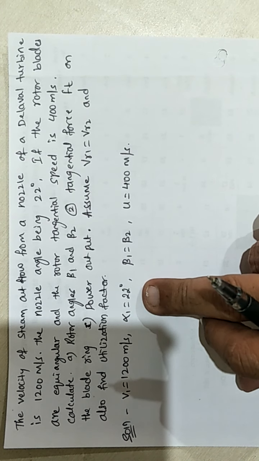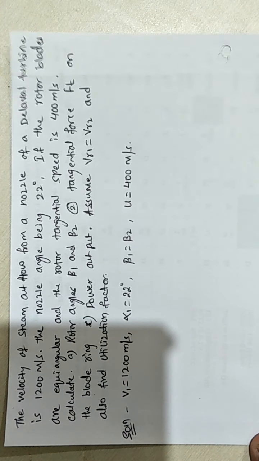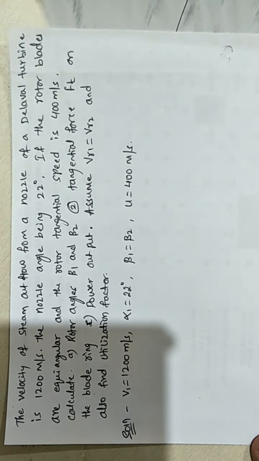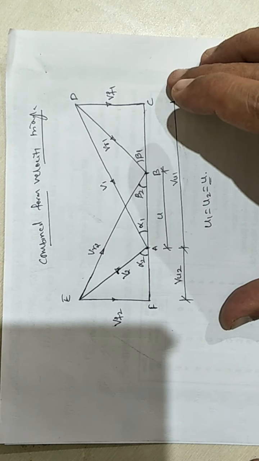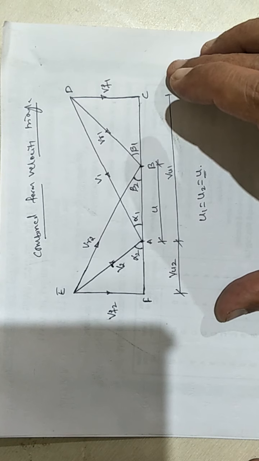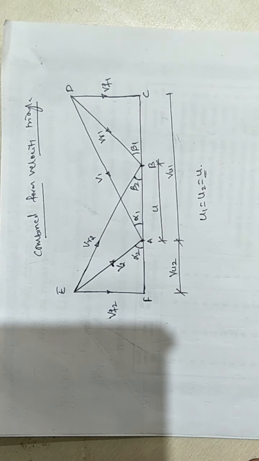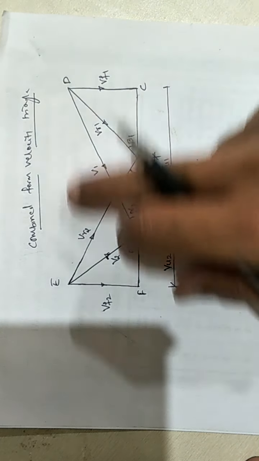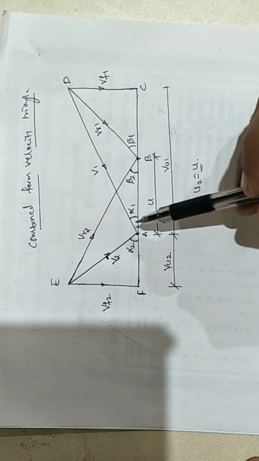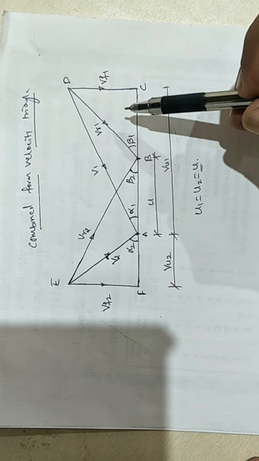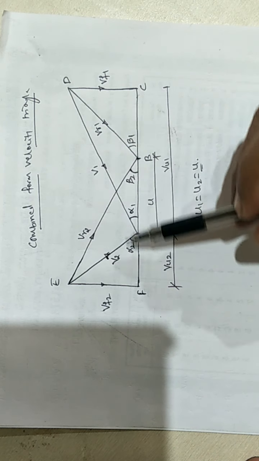analytical method. So before going to this analytical method, all of you draw just a rough sketch of velocity triangle. It will be represented something like this. All of you draw the rough velocity triangle, so that we can build trigonometric relations along with geometric relations.